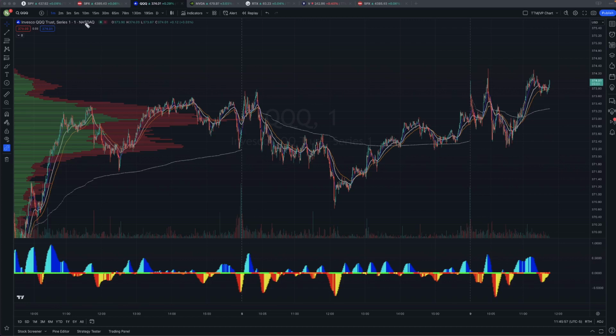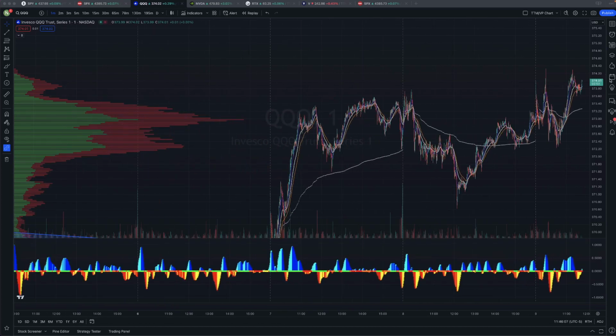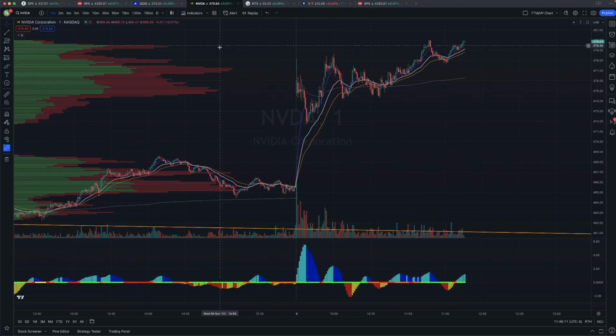So what's on my screen now is a visual range volume profile. This will change based on the chart that I am currently showing. So let's go to NVIDIA.